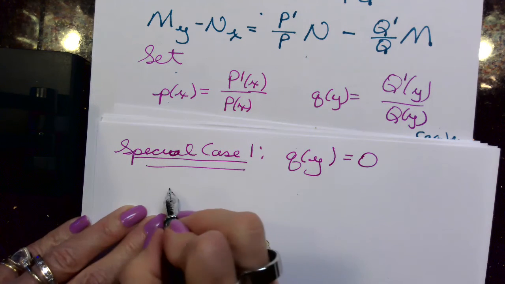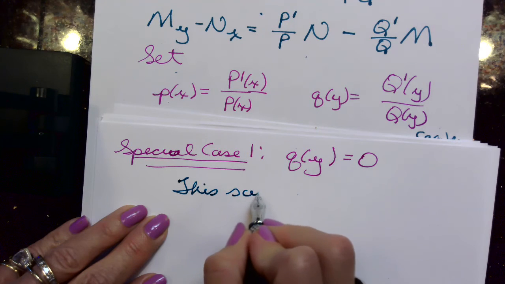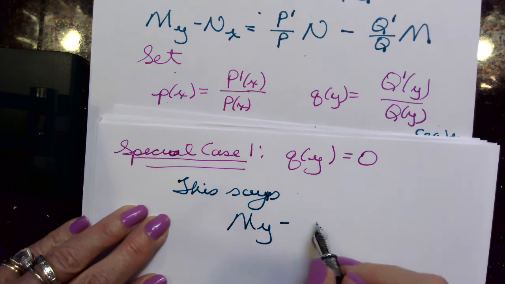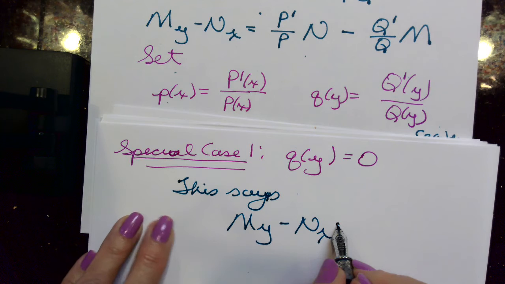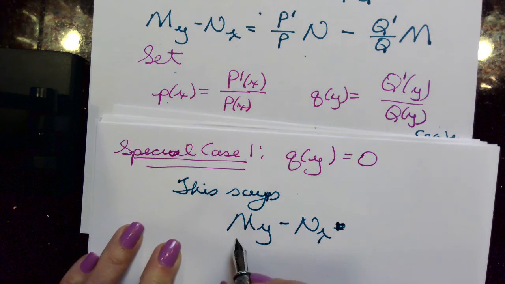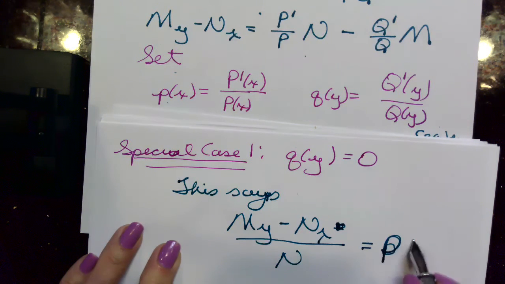So this says m sub y minus n sub x, divided by n, let me phrase it this way, is equal to capital P of x.